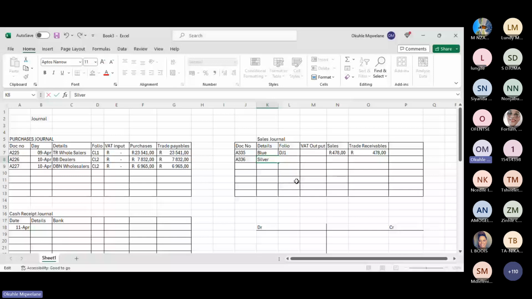Just to be clear, ma'am, can I go ahead? Sorry to interrupt you. The trade receivables. Are we not supposed to have that transaction as trade receivable when we are selling on credit?